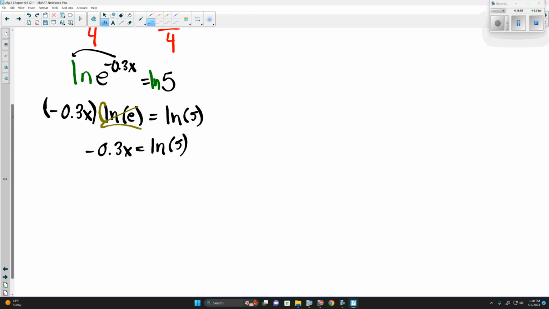Last but not least, we need to divide both sides by negative 0.3, telling us that x is equal to the natural log of 5 divided by negative 0.3.